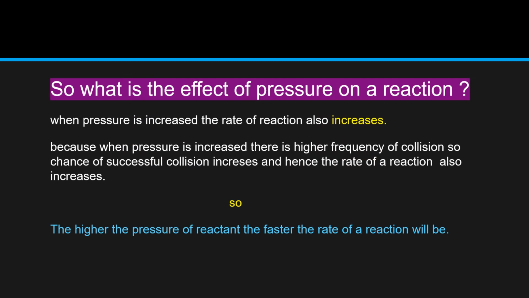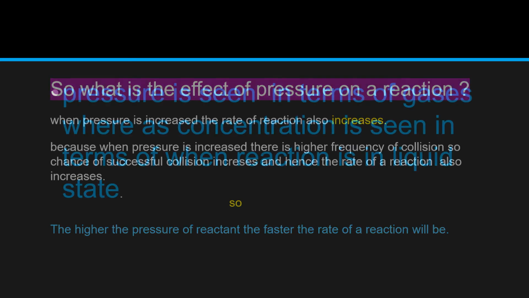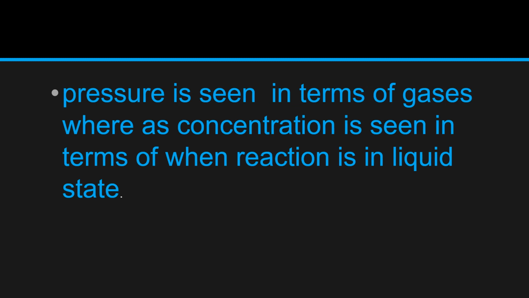So when pressure is increased, the rate of reaction also increases, because there is a higher frequency of collision, so the chances of successful collision increase. And hence, the rate of reaction also increases. So the higher the pressure, the faster the reaction. Pressure is seen in terms of gases, whereas concentration is seen in terms of liquids.